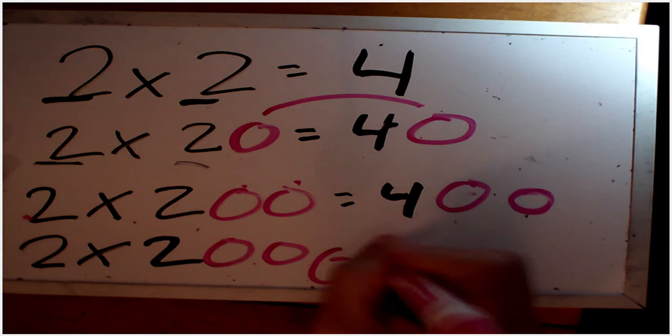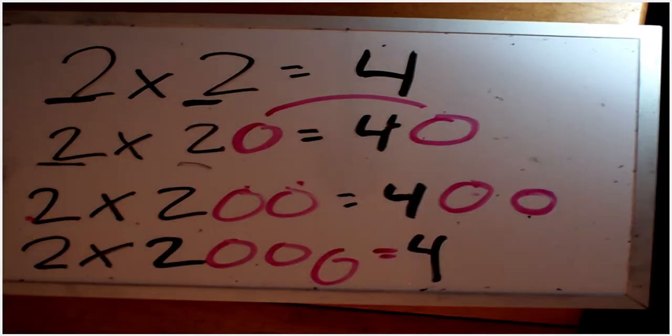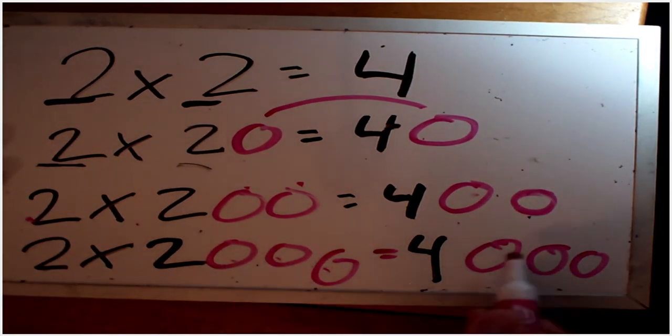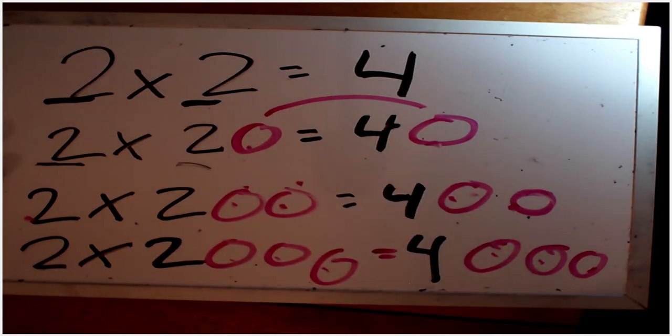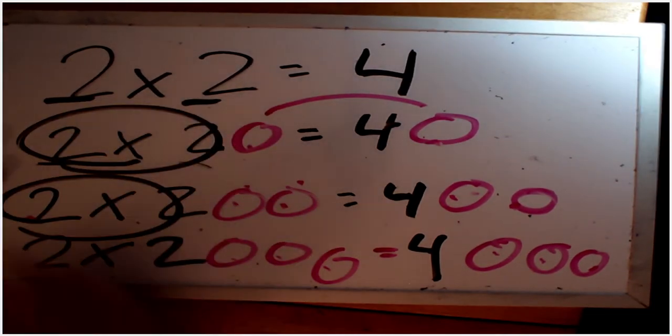And you guessed it, 2 times 2,000 would be 4,000. When we are doing these multiples of 10, if you know this basic fact, you can extend that.